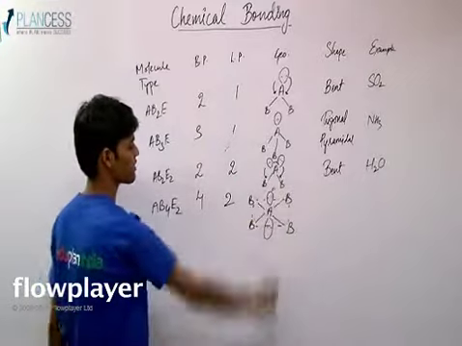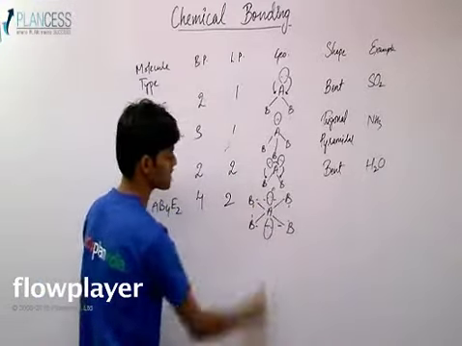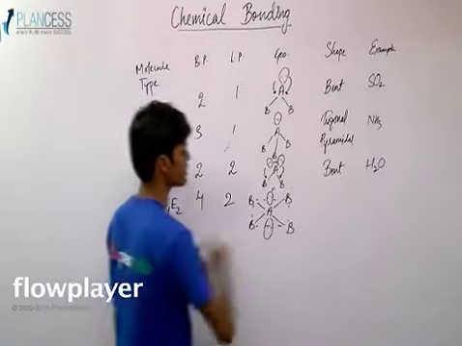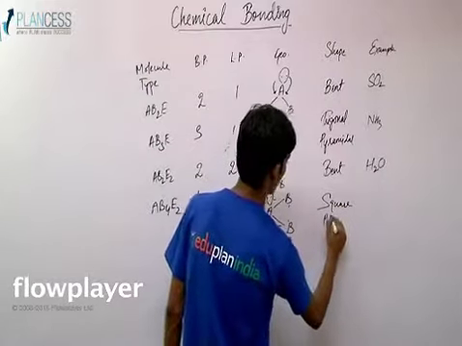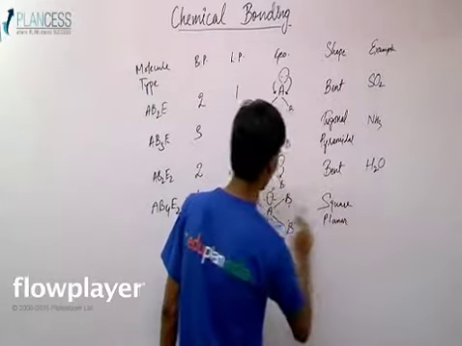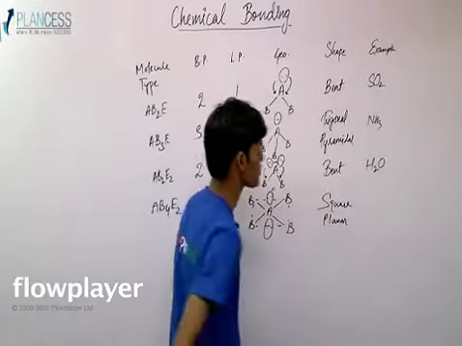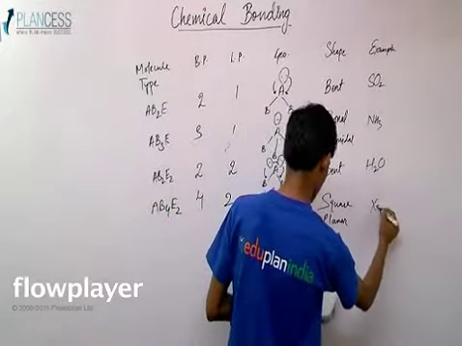So you can place the first lone pair at any place, but corresponding to this, the second should be placed here because the lone pair repulsion would be at 180 degrees. So this is the square planar geometry, a square planar shape, so to say. If there were 1 lone pair instead of these 2 lone pairs, it would be square pyramidal, but here it is square planar, and one of the examples for this is XeF4.